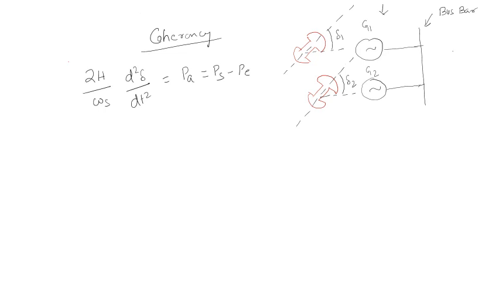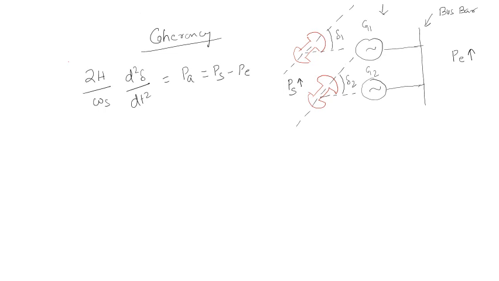So these two machines are connected to one bus. Now if the demand of electrical power increases, then we need to increase the mechanical power. This increase in the mechanical power may affect both machines in a similar way, or may affect both machines in a different way.